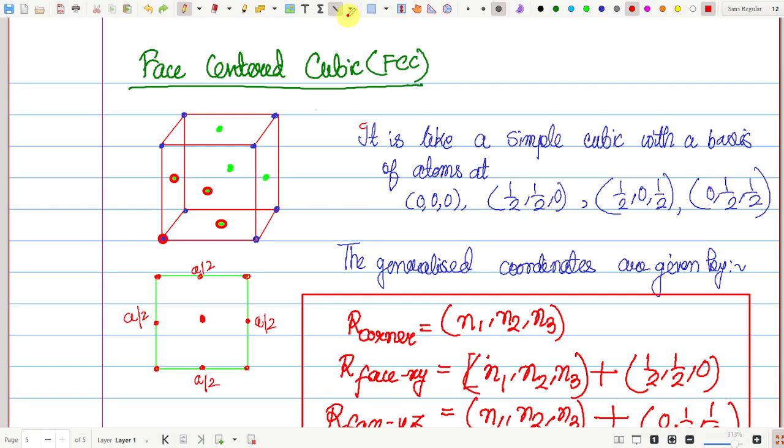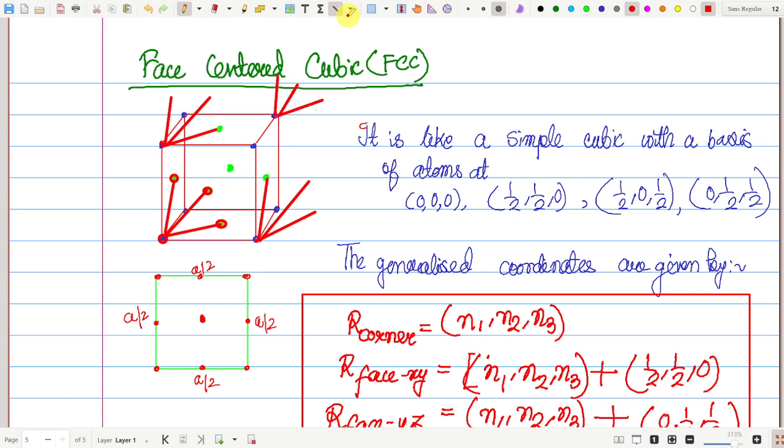So these four are constructing the FCC lattice, and just like the previous case, if you translate this whole system through the lattice, to this point, let's say, then you will see this.